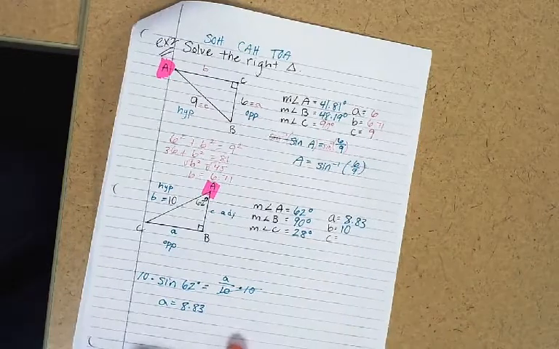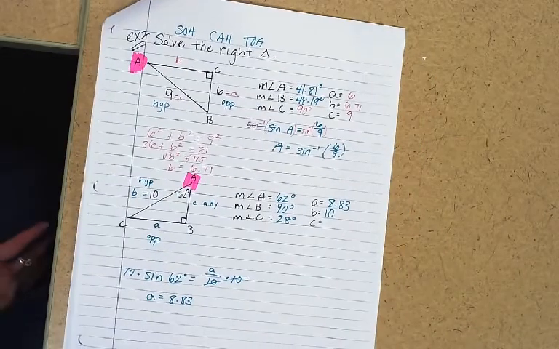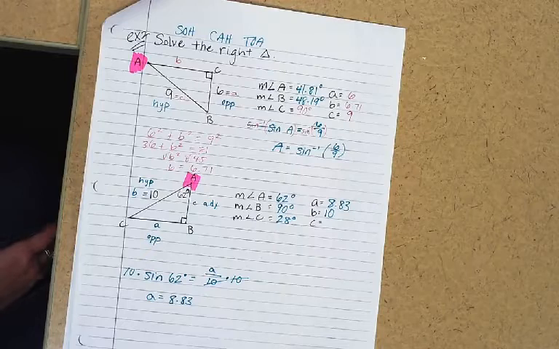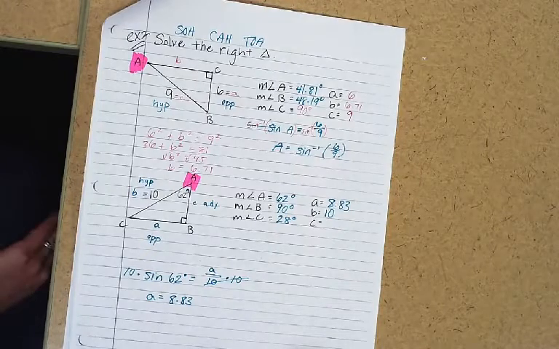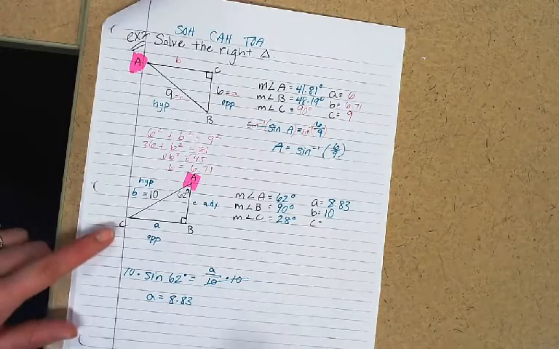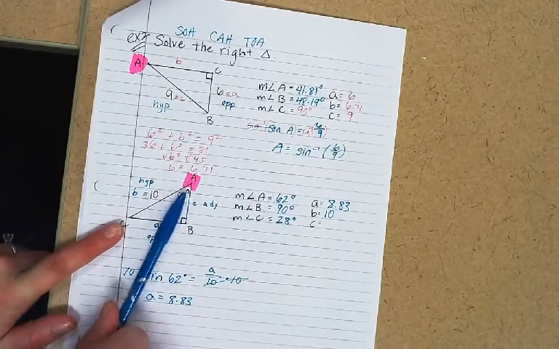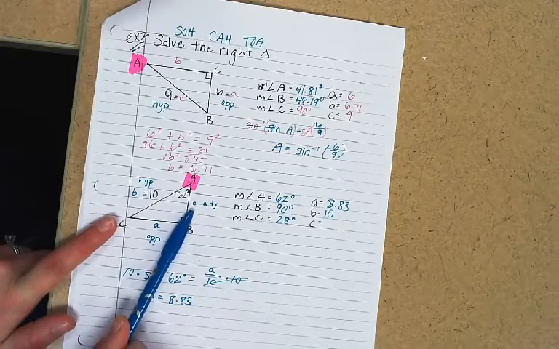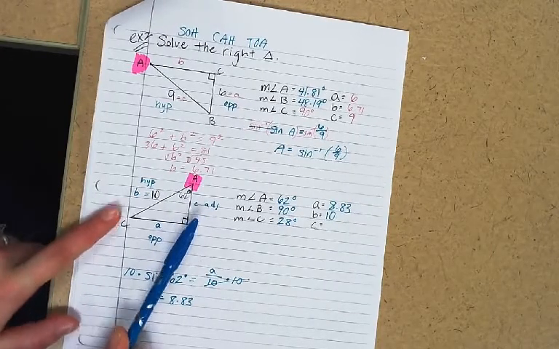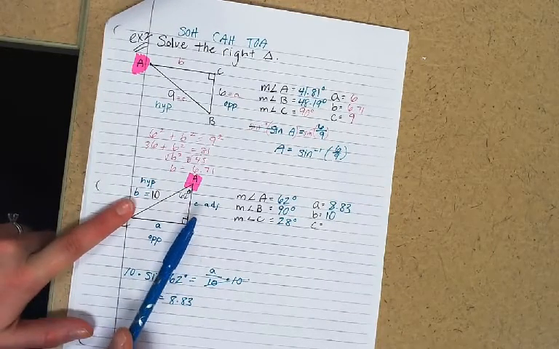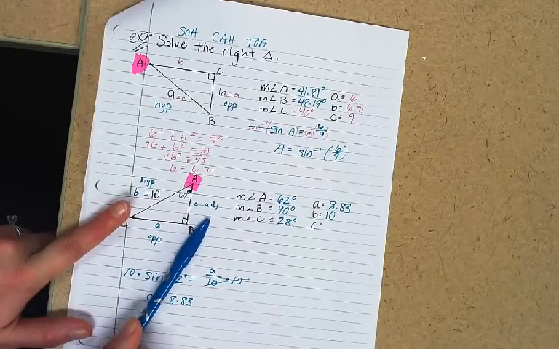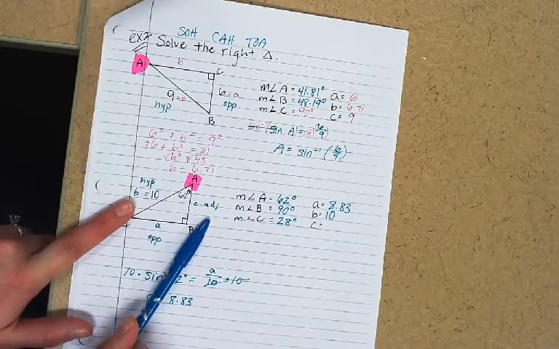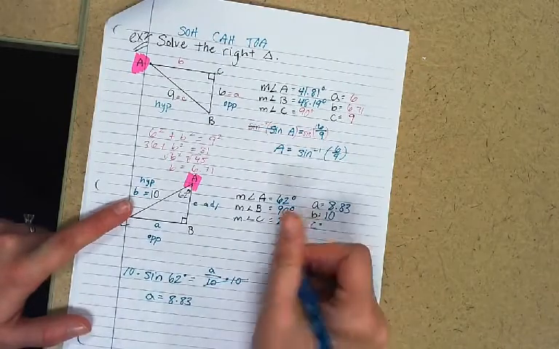From here, you could choose to do the Pythagorean theorem to get side c, but just as practice, I'm going to show you how to do it with trig again. I'm still going to use angle A as our reference angle. Now to get side c, we're looking for adjacent, and we have hypotenuse. Which trig function has the A and the H? That would be cosine.